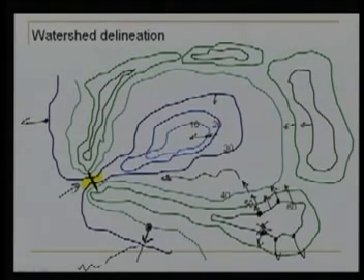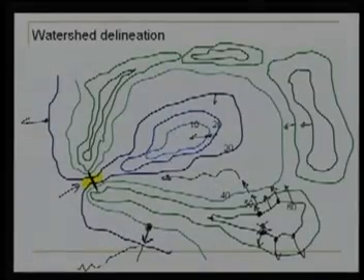If we use the same methodology, for this point for example, the water everywhere along this line, on this side will flow out, while here the water will flow in.